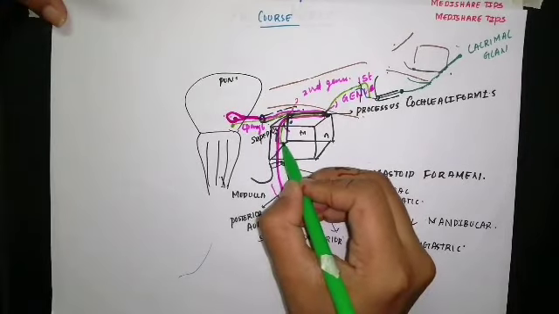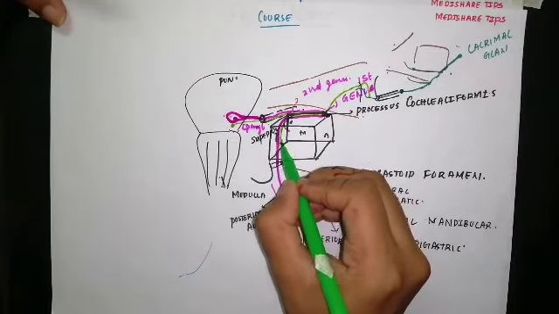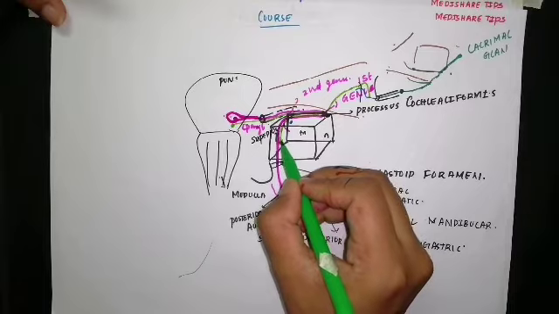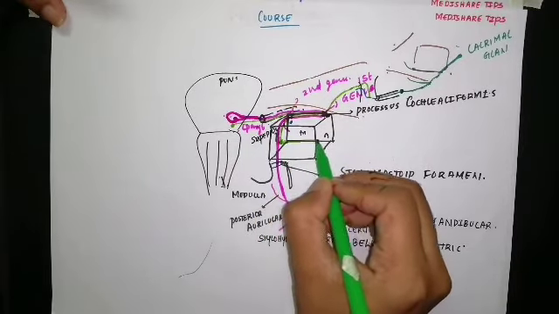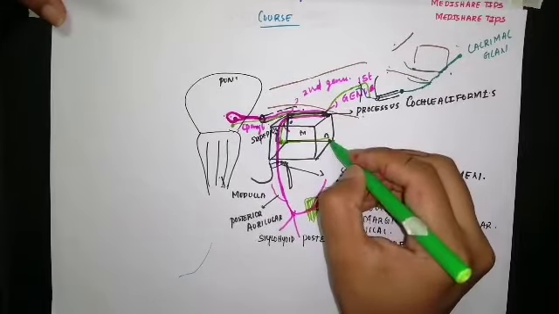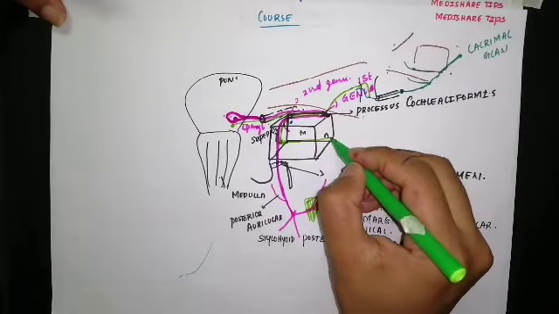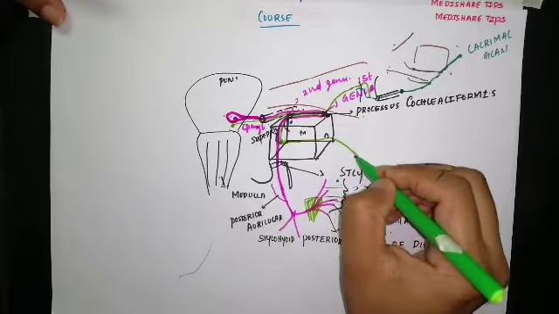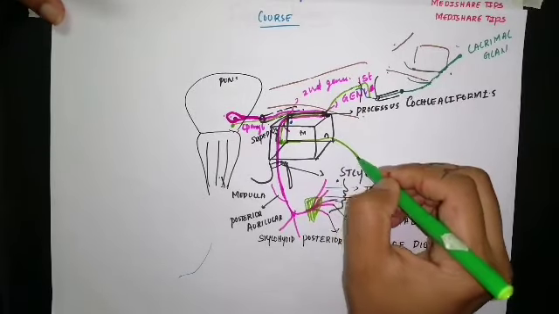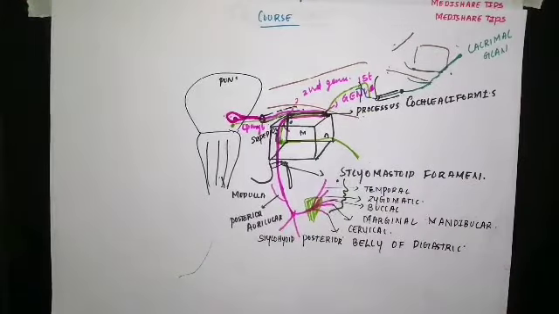The chorda tympani passes through the posterior canaliculus and enters the middle ear cavity through its anterior wall, and through the petrotympanic fissure it leaves the middle ear and enters the infratemporal fossa.